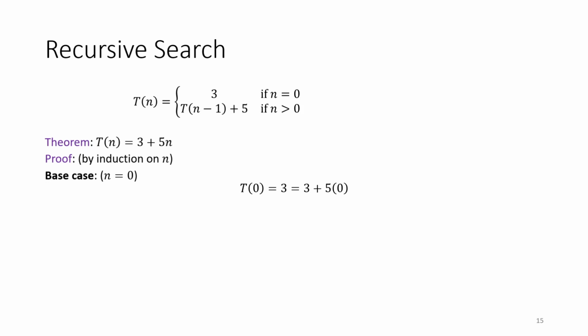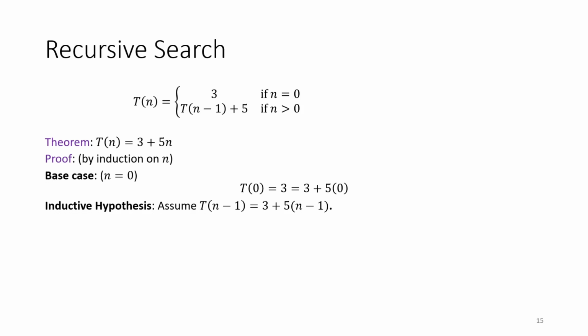So again, let's restate the inductive hypothesis here using n minus 1 instead of n. What I'm going to do is plug n minus 1 into my theorem for n. So instead we'll have T of n minus 1 is equal to 3 plus 5 times (n minus 1). Basically all that's doing is saying, assume that it was already true for the last value.